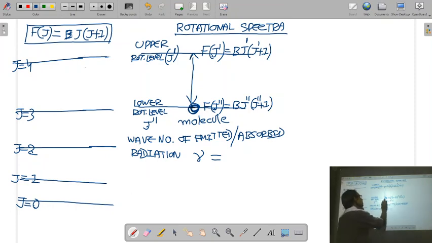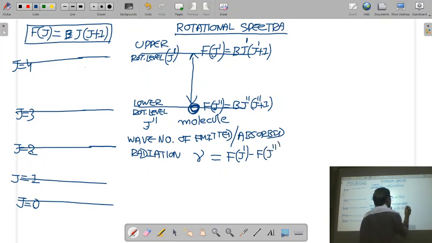When the molecule goes from a lower level to an upper level, it will give the absorption spectra. When it makes a transition from a higher energy level to a lower level, it will give the emission spectra. So the wave number of the emitted or absorbed radiation is given by the difference of these two wave numbers, that is F(J dash) minus F(J double dash).